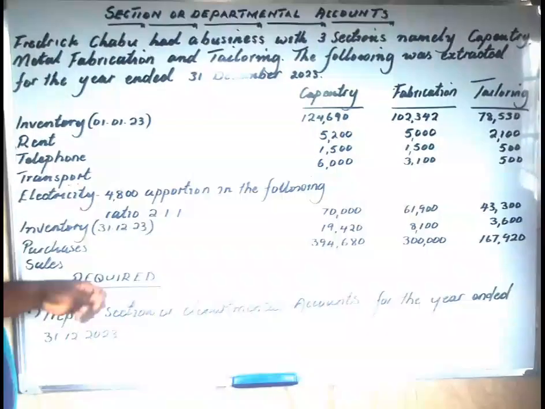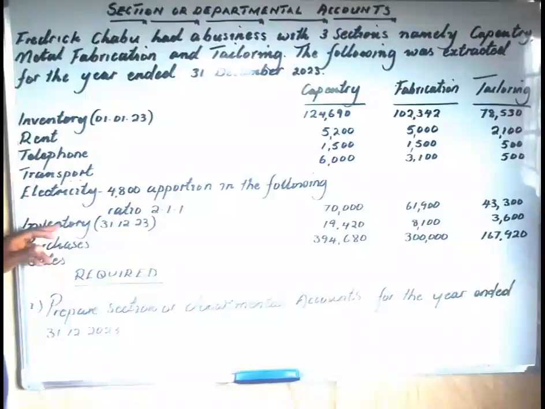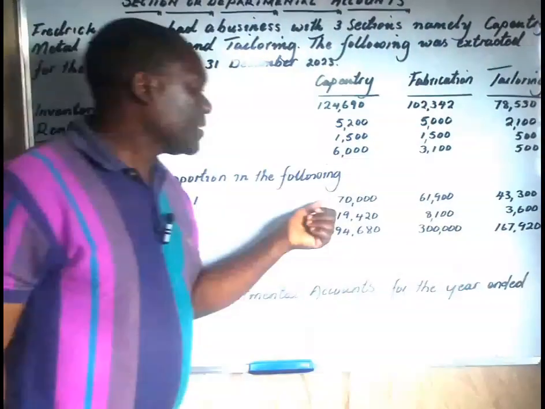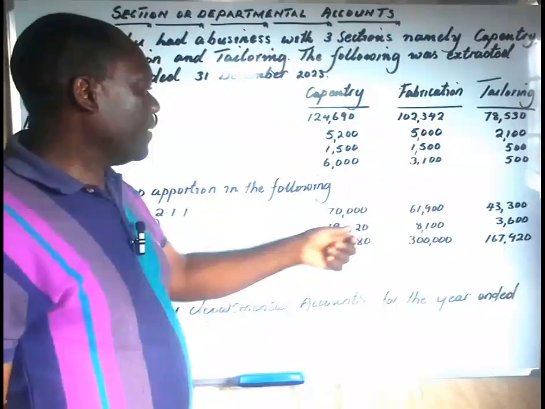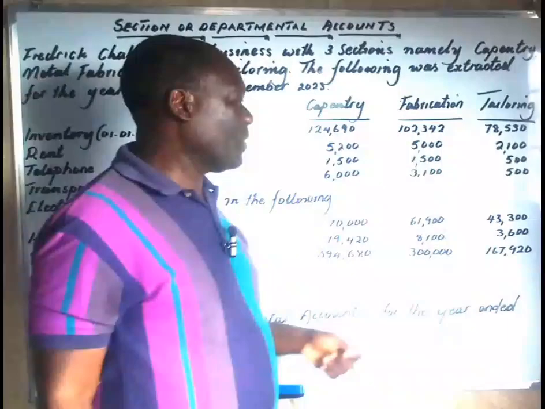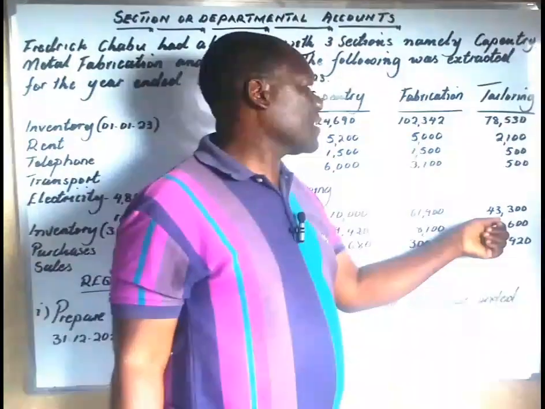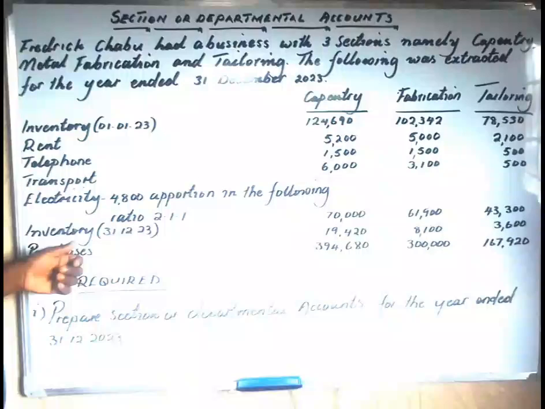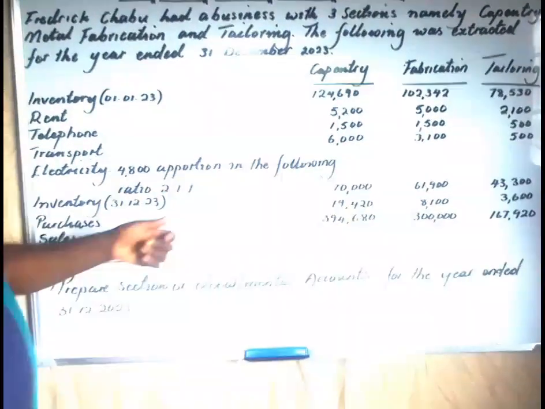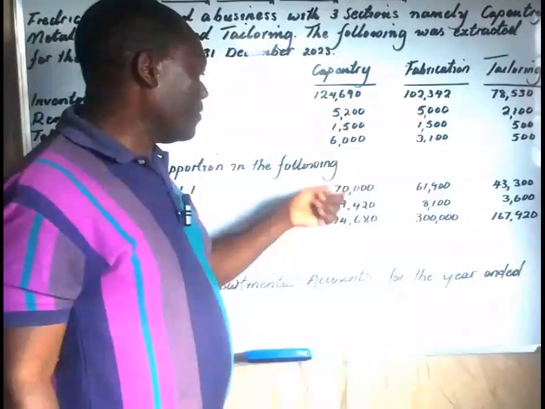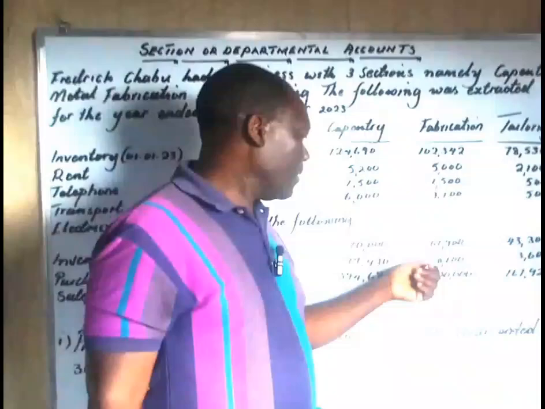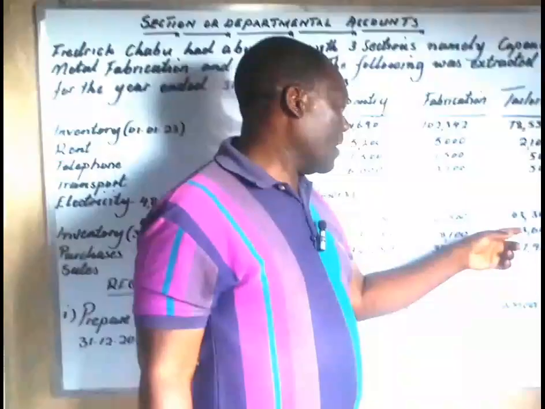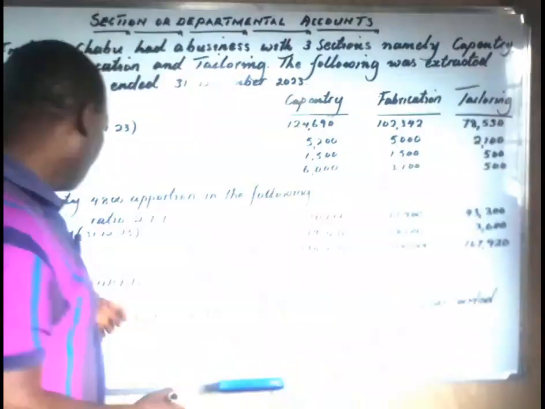Okay? And then we have inventory at 31st December 2023, 70,000 for carpentry, 61,900 for metal fabrication, 3,600 for tailoring. Then we have purchases. We have 19,420 for carpentry, 8,100 for metal fabrication, and 3,600 for tailoring.